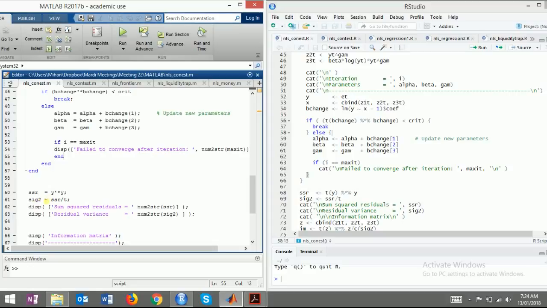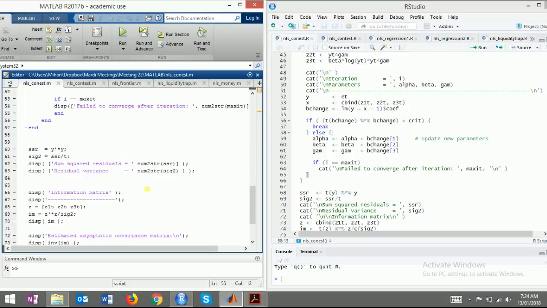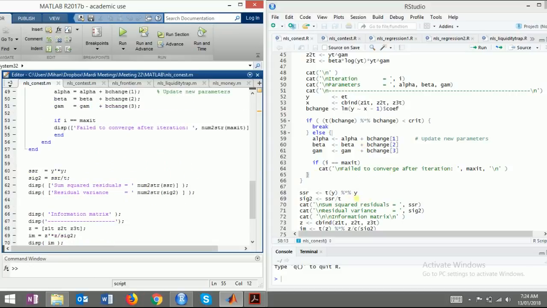Then SSR, or residual sum of squares, is equal to u transpose into u, and sigma square is SSR by t. Now you can ask, where am I getting these things? We have already discussed this beforehand. So SSR by t, which is the residual sum of squares divided by t.